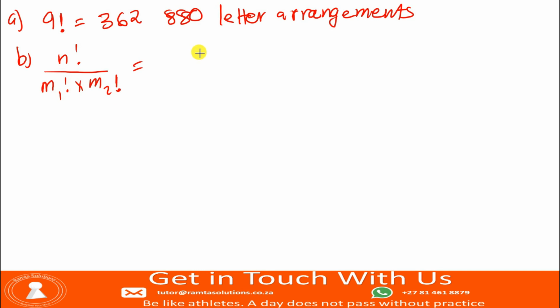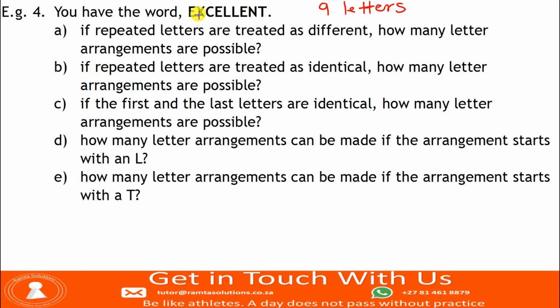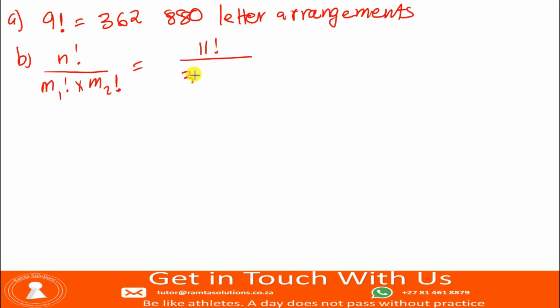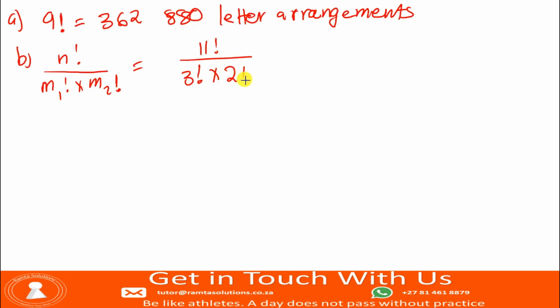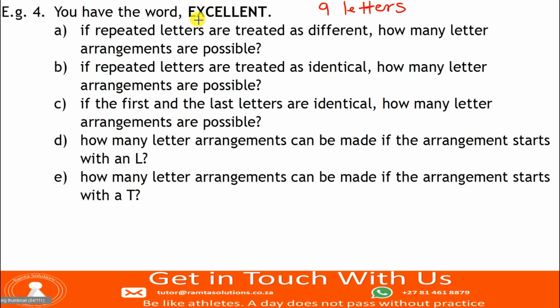So the word excellent has 11 letters. E is repeating 3 times. Yeah, it's only E. L is repeating twice. So does it mean we have 6 different letters? Let me see. 1, 2.